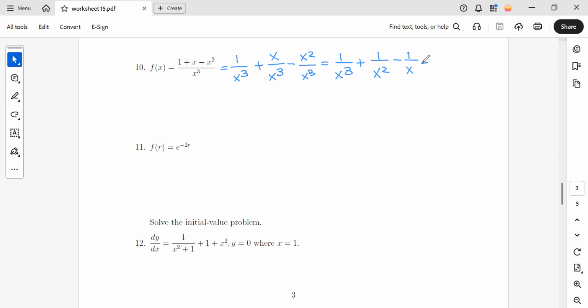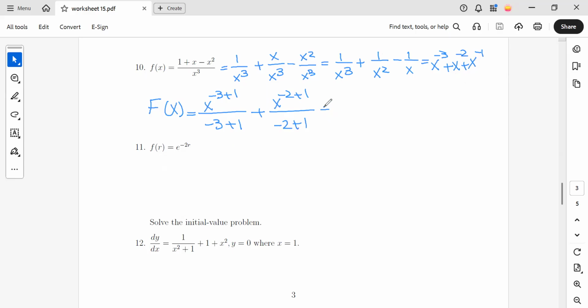We can rewrite it as x power negative 3, x power negative 2, and x power negative 1. This way we would find the antiderivative easier. So it will be f of x, x negative 3 plus 1 over negative 3 plus 1, x negative 2 plus 1 over negative 2 plus 1.